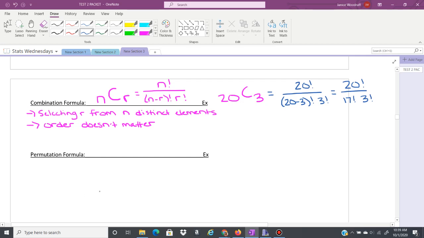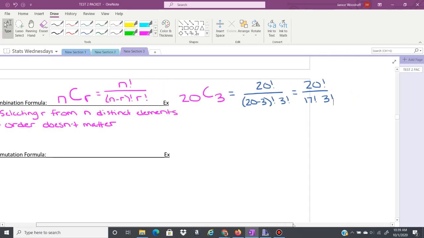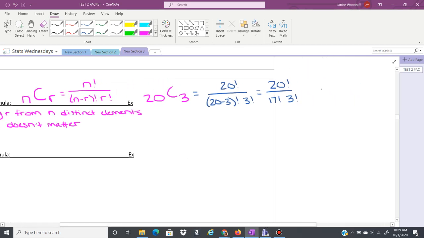You can work that out algebraically. I'm going to show you how to do it in your calculator in just a second, but let me scroll over. If you go like this, 20, 19, 18, 17, you can stop at the 17 factorial because the 17 factorial and the 17 factorial are going to cancel each other out.